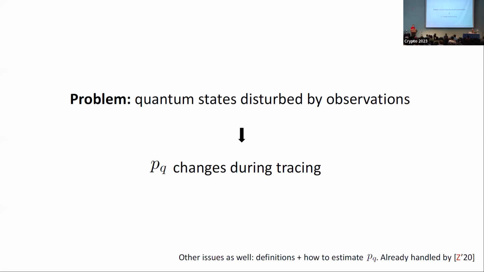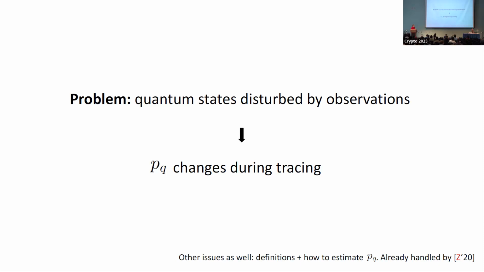In our case, as the tracer is trying to learn these P sub q values, it's actually affecting the quantum state and potentially changing it. Maybe it's actually destroying it. And after some number of queries, maybe the quantum state decoder actually explodes and stops working.